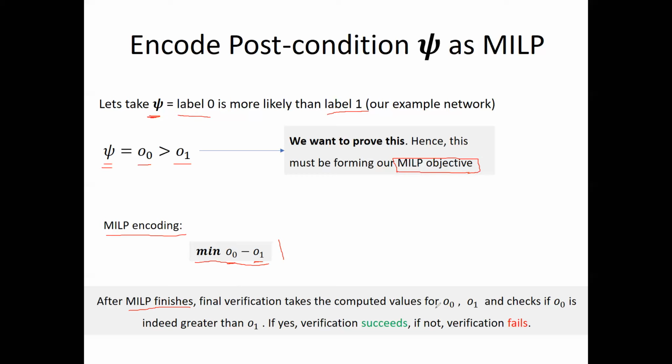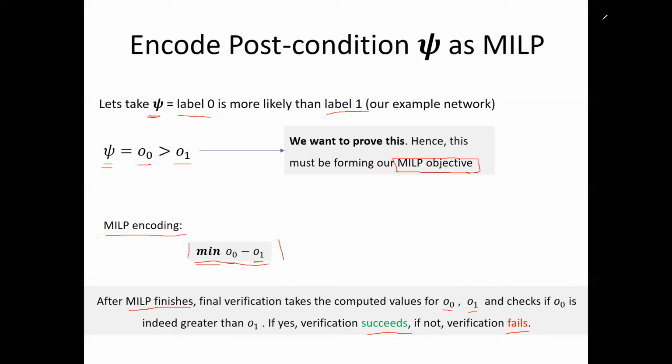Well, we just need to look at the values that we get for O0 and O1, and check if O0 is greater than O1. Because we're trying to minimize this difference, if O0 is greater than O1 despite that, then yes, verification succeeds, and otherwise the verification fails, okay? So this encoding lets us state a certification problem as an optimization problem, okay?